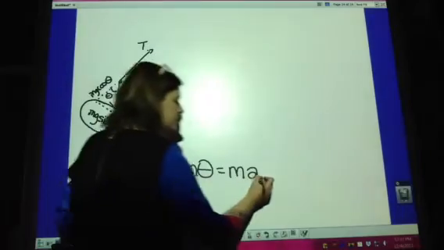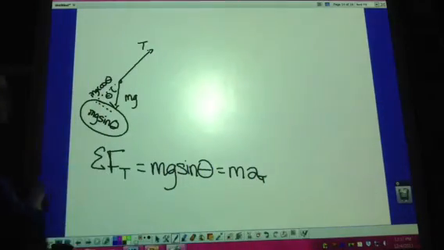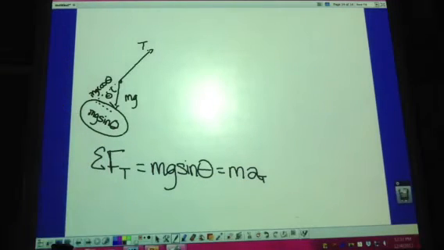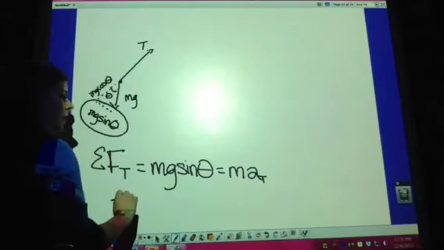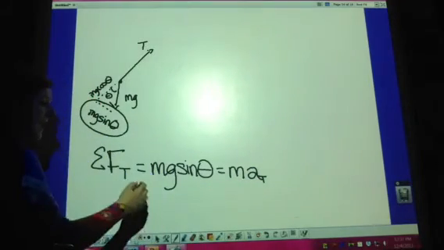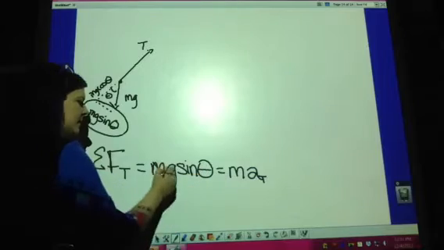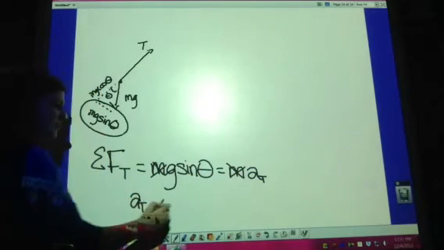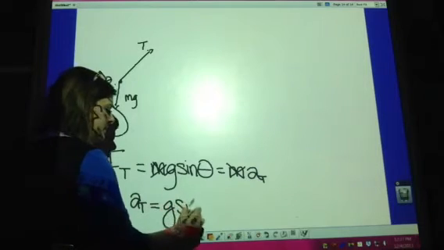Specifically, that acceleration is my tangential acceleration. I'm trying to find an equation that will show me what my tangential acceleration will be, so I want to rearrange all of this. If I divide both sides by m, the m's cancel out, so then my tangential acceleration just equals g sine theta.